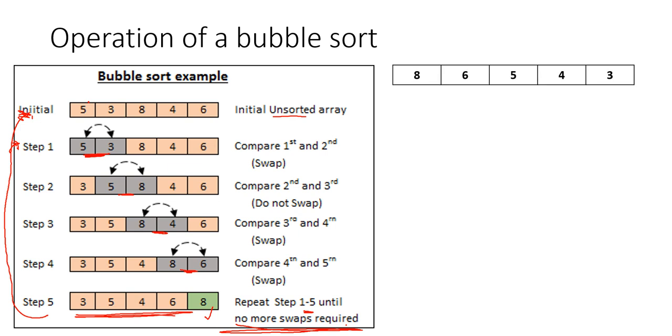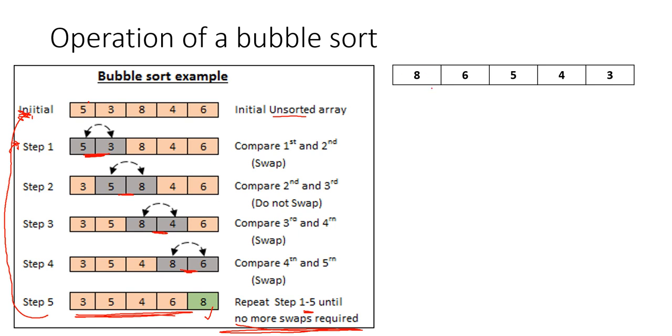So if the array was in descending order, 8, 6, 5, 4, 3, that would be the worst case scenario to sort in ascending order, because we would have to change every single one of the numbers. The bubble sort is going to take those pairs and swap them and swap them, and we're going to have to repeat that a number of times.